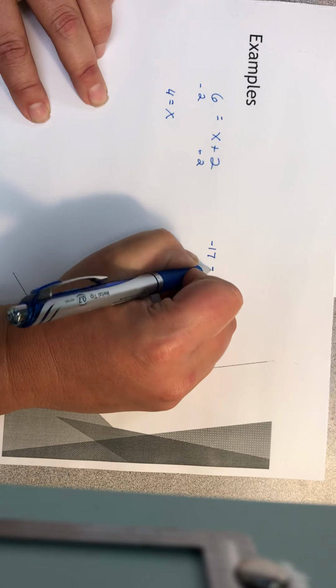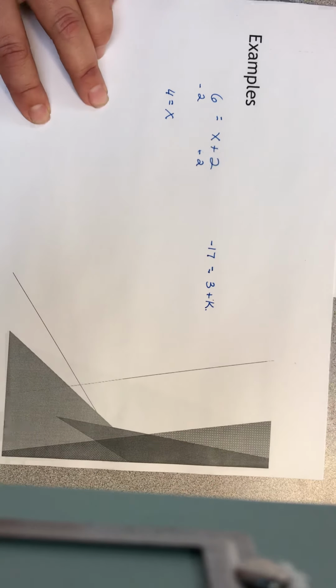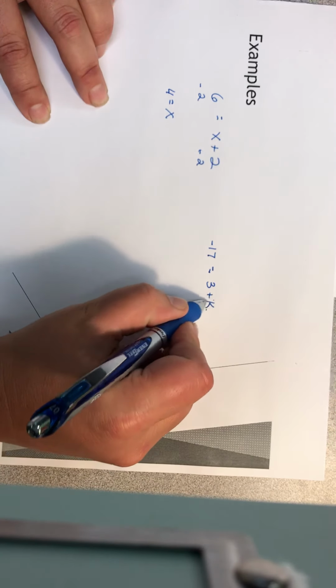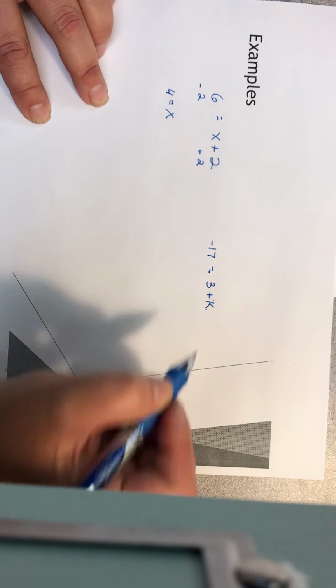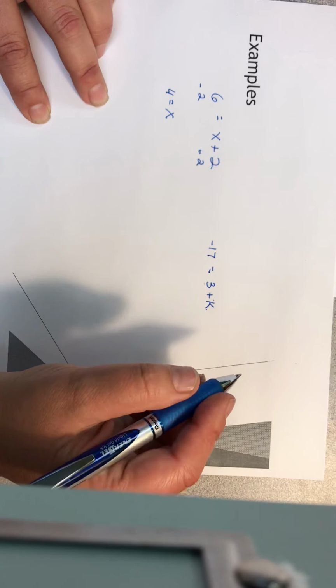-17 equals 3 plus k. Well, I have to isolate k. It already has a coefficient of 1 implied there, right? So to isolate k, all I have to do is get rid of this guy. Well, that's a +3, right?